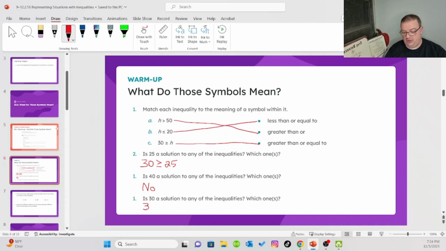So we could put this one down. 30 is greater than or equal to 30. So if you don't understand how I came to any of those answers, make sure you stop and ask me for clarification so that you can understand before we move on.